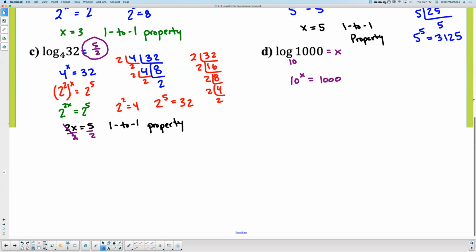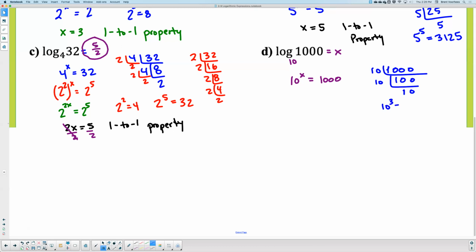Which one's a larger number? 1,000. So we take 1,000, we divide that by 10. 10 can go into this 10 one time. 0, 0. So 10 goes into 1,000 100 times. Can 10 go into 100? Yeah. How many times? 10 times. There we go. And I can stop because they're all 10s.